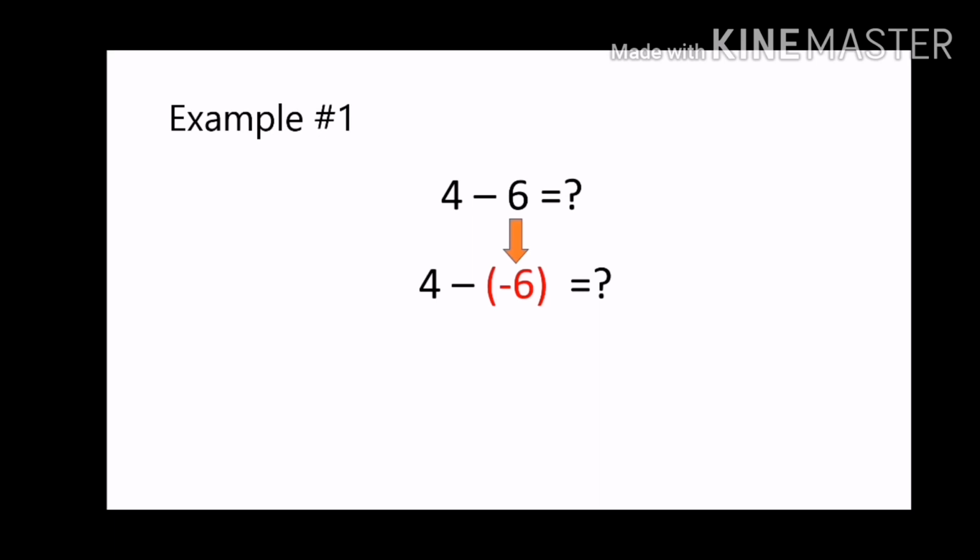So, we will now have 4 minus negative 6. And for the second step, we are to change subtraction into addition. So, we will now have 4 plus negative 6. Now, following what we have learned a while ago in addition of integers, our answer here will be negative 2.